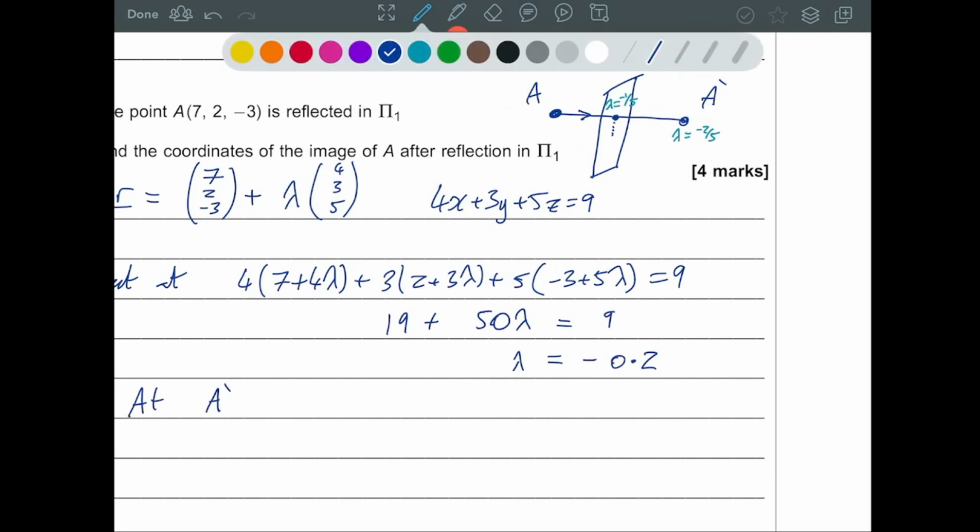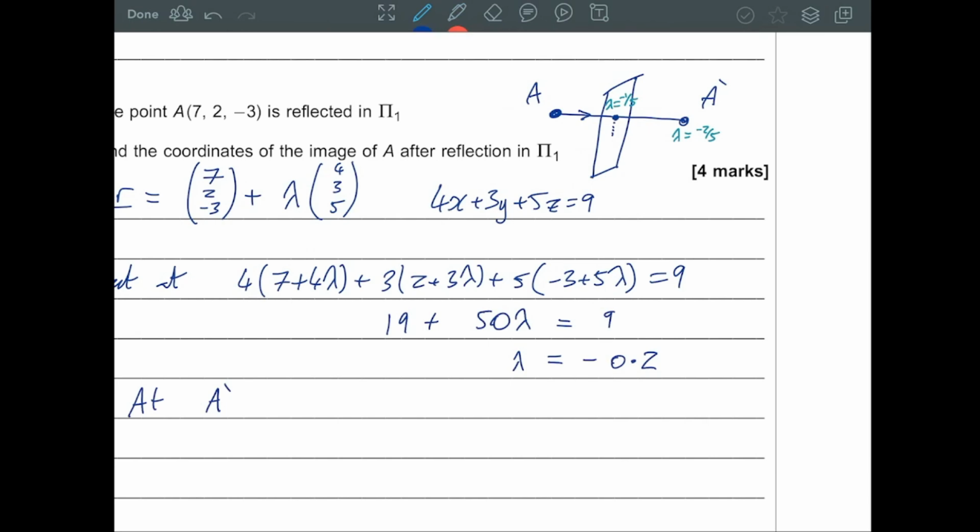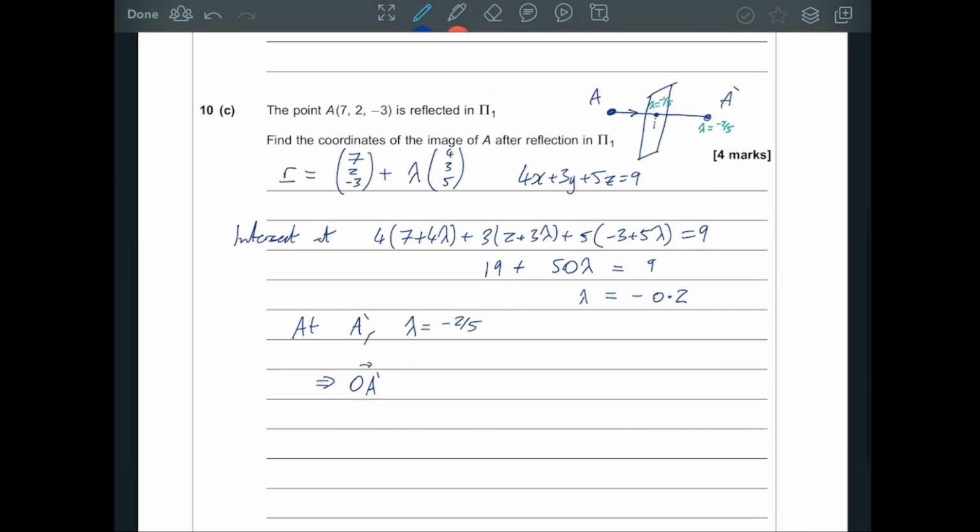So at A dash, lambda is negative 2/5, which means the vector OA dash is (7, 2, -3) minus 2/5 of (4, 3, 5), and that's going to be 5.4.